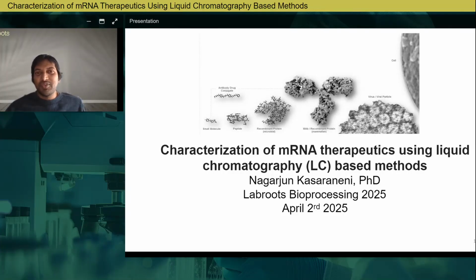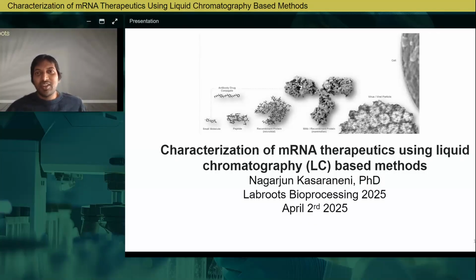And for today's talk, I'm going to talk about characterization of mRNA therapeutics using liquid chromatography based methods. I think the image here really shows the complexity of the drugs we have developed. They started as a small molecule, and then you go to an antibody-drug conjugate. From there there's a peptide, and then you move into a more complex recombinant protein, and then you have an antibody, and then you have a viral vector and a cell therapy.